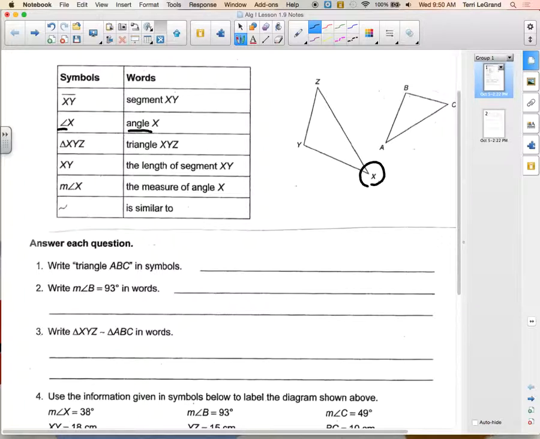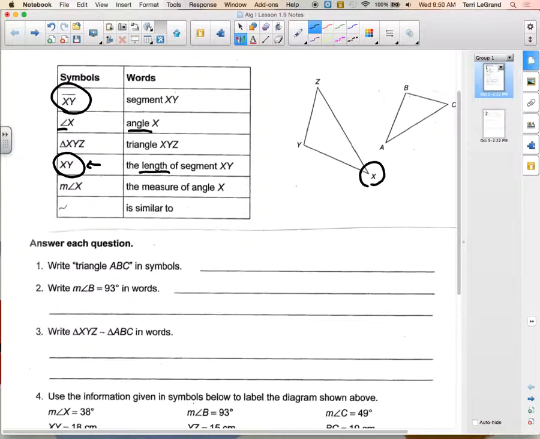If we have just the two letters, the two endpoints of a line segment, but no line above it, it is important that we understand the difference between this and this. Here they're identifying line segment XY. In this one, they're saying, what's the length of this line segment? Give me the length of that line segment.